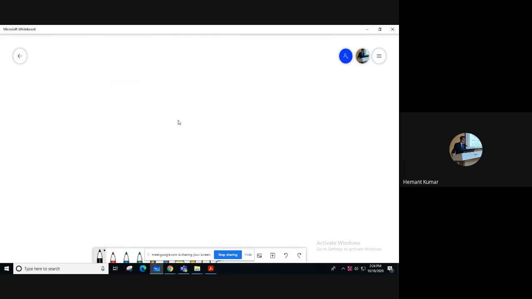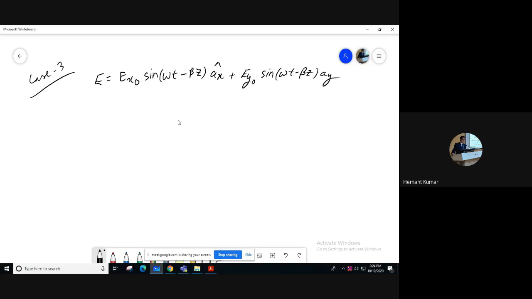Linear. So there is one more case, case 3, which says that the given electric field has two components. Suppose the electric field is given like this, plus this.